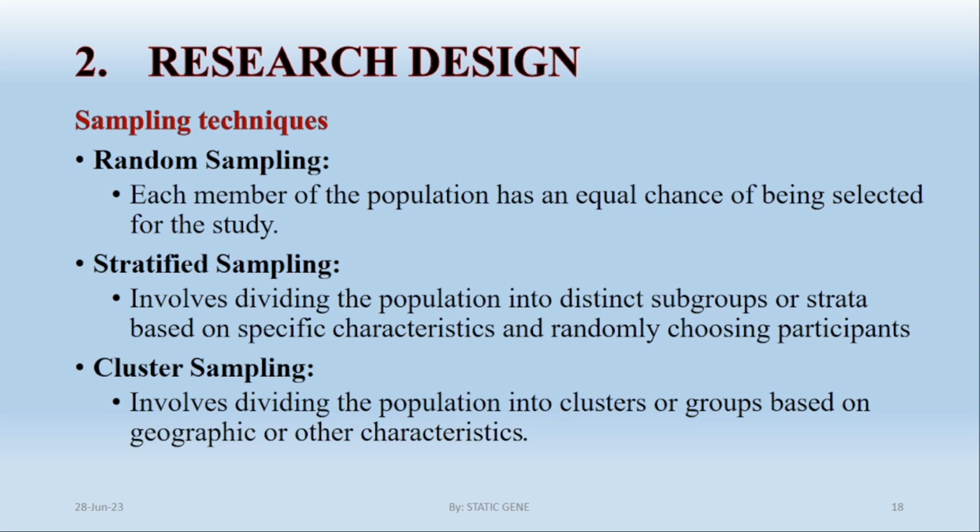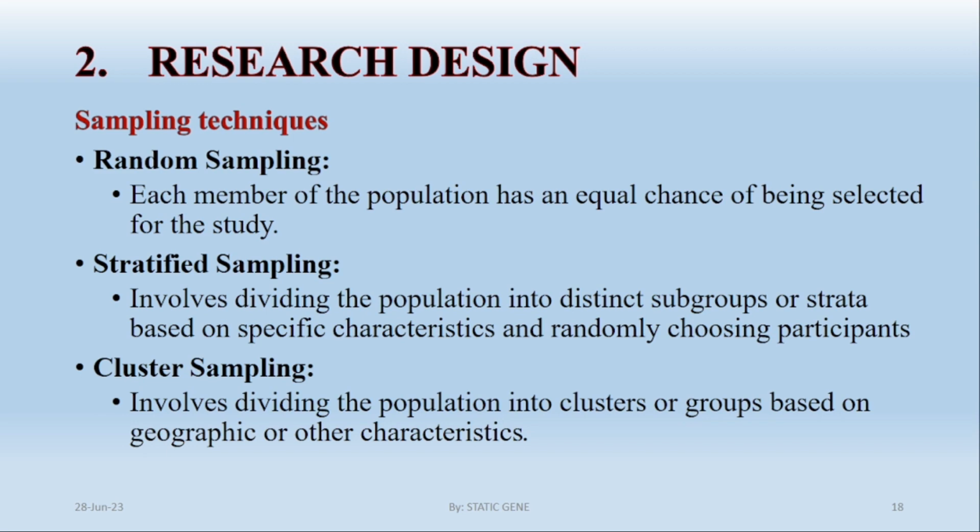Now, in stratified sampling, you divide populations into subgroups, sometimes called strata, due to a given characteristic. Let's say you are trying to compare the stress level between male and female students. In that case, you will have to divide males alone and females alone. That type of sampling is called stratified sampling.